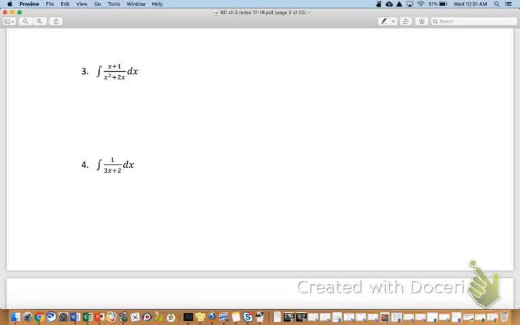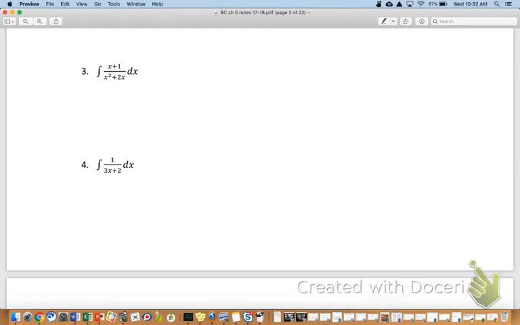So we want it to be a fraction. No, we're not differentiating. We're not trying to find the derivative of this. We're trying to find the antiderivative. Whenever you have an antiderivative where the integrand is a fraction, what you want to ask yourself is: is the derivative of the denominator equal to the numerator?